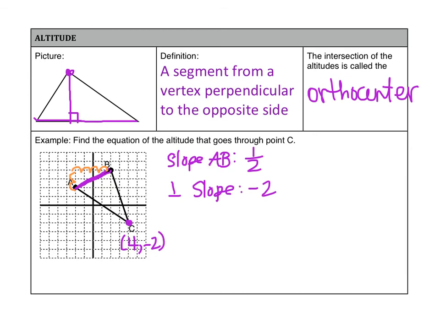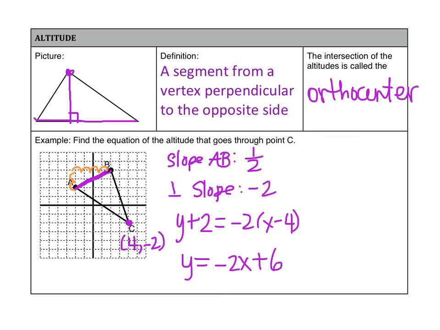So that makes the equation y minus, I will use the point with negative 2, so that becomes y plus 2 is equal to negative 2 times the quantity x minus 4. And I'll simplify. That becomes y equals negative 2x plus 6. We can also check that out by going up 2, left 1, up 2, left 1, up 2, left 1.